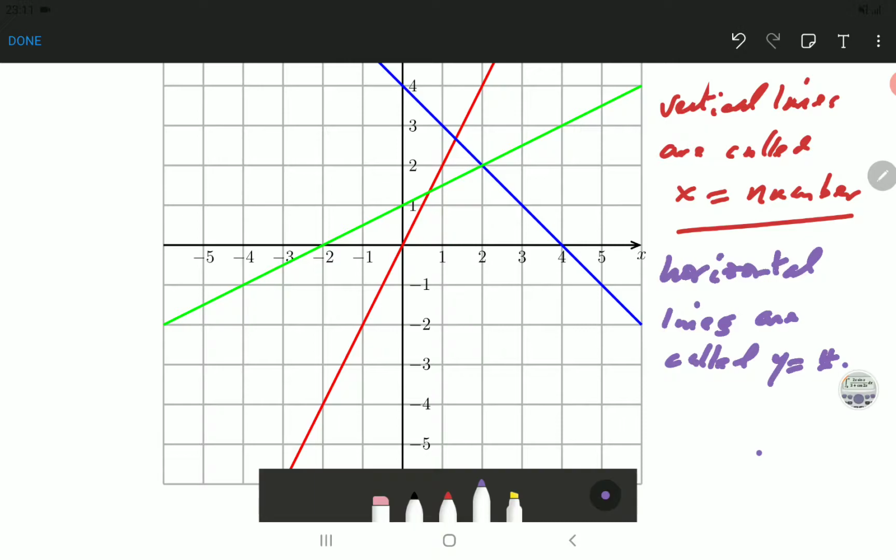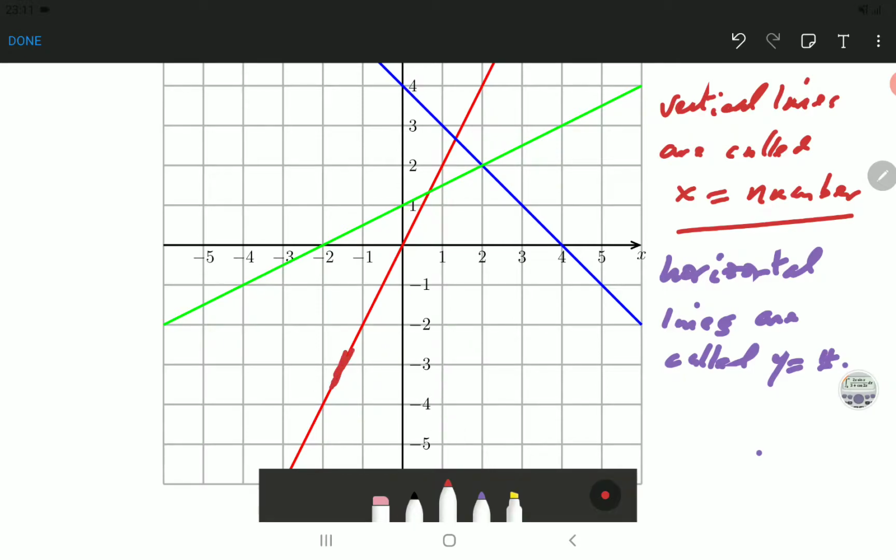All right, so that's it with horizontal and vertical lines. We're now going to start looking at these lines that come at an angle. These lines are called oblique. Okay, we're going to start with the red line here.